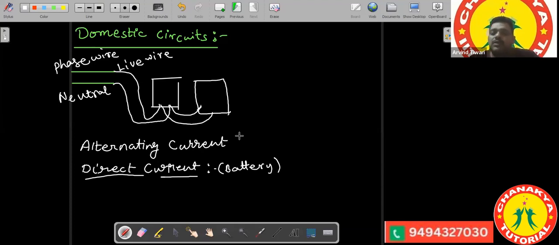So first we understand the difference between AC current and DC current, and then we will come back to the circuit. Okay. So up to now we have reached here. This is our energy meter, and this is our main switch or main distribution box. From here, all the devices will be connected.